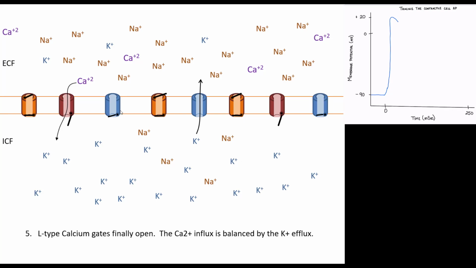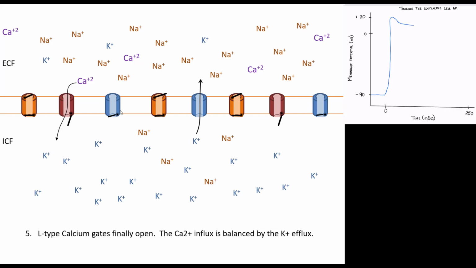There's not nearly as much calcium in the extracellular fluid as there is sodium, so even when I open these calcium gates, only a little bit of calcium trickles in. And the amount of calcium that trickles in offsets or cancels out the amount of potassium that leaves through these leak channels, such that the membrane potential at this point plateaus or remains unchanged.